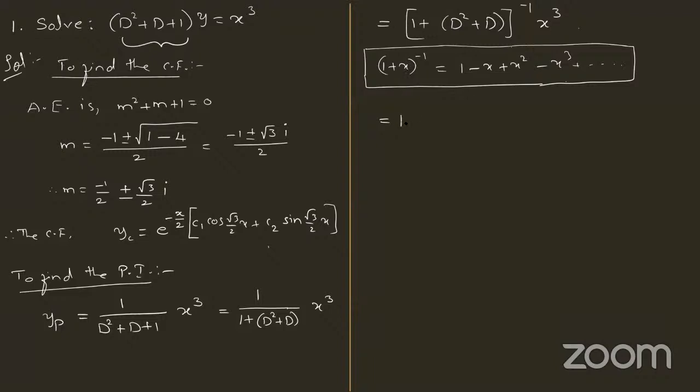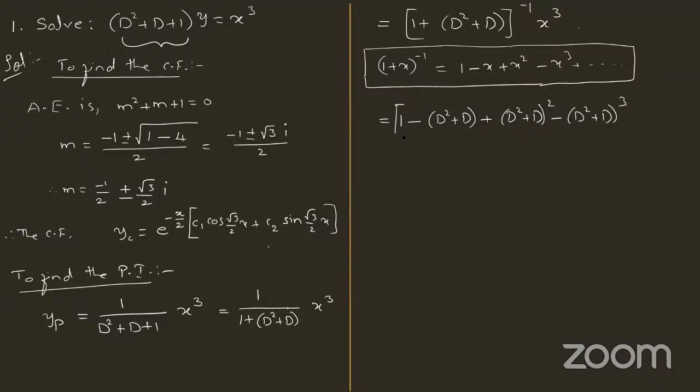So if you expand this, you get 1 minus d square plus d, then plus d square plus d whole square, minus, because we have x cube, I'm taking it up to the x cube term, then minus d square plus d whole cube.